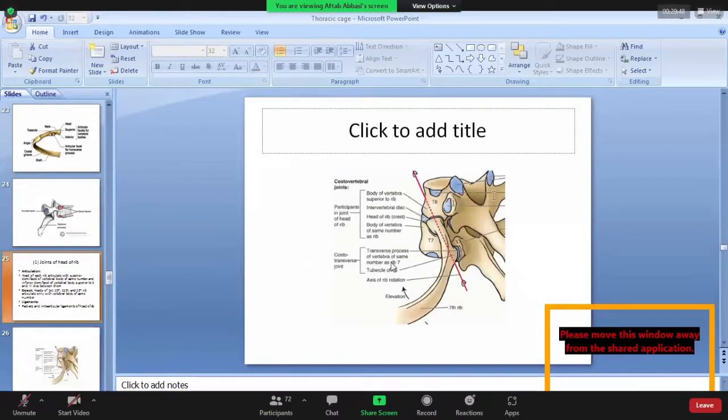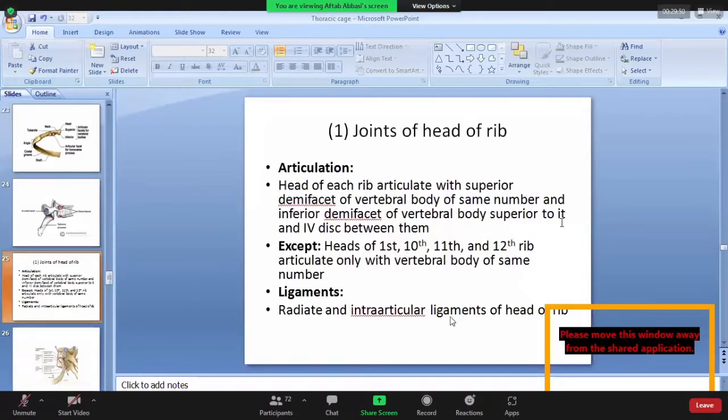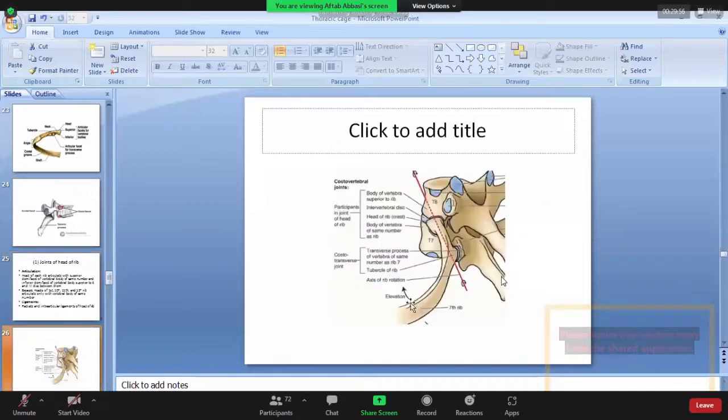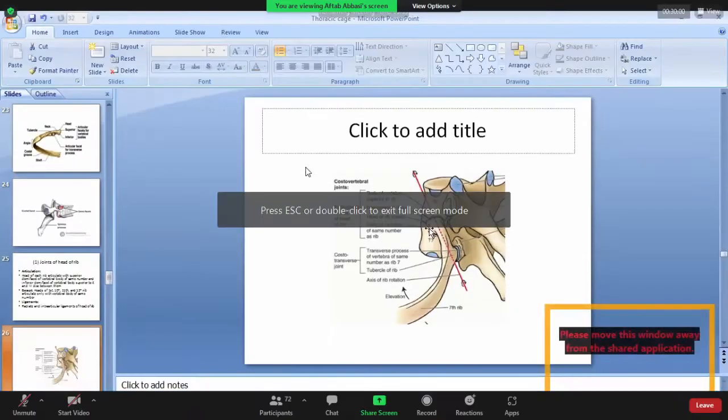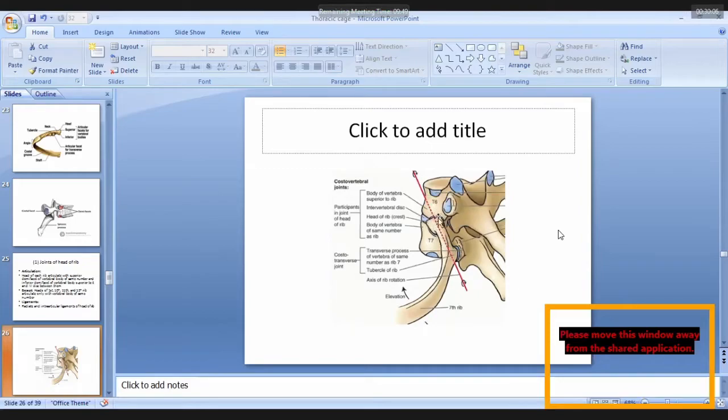It also articulates with the inferior facet of the vertebrae that lies above it. Okay, so there are two facets on each rib head. The first facet articulates with the superior facet of the corresponding vertebrae, and another facet articulates with the demifacet of the vertebrae that lies above it.